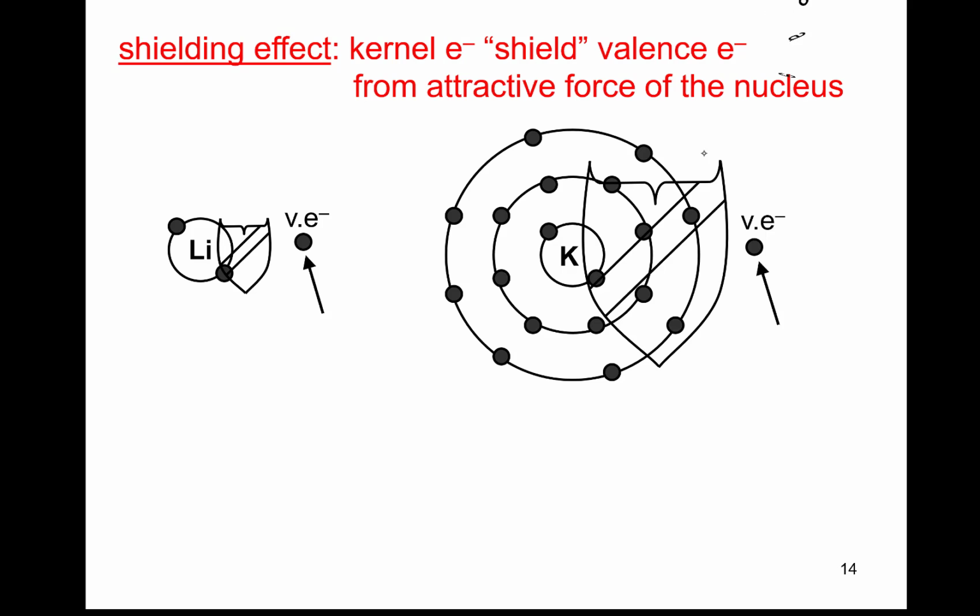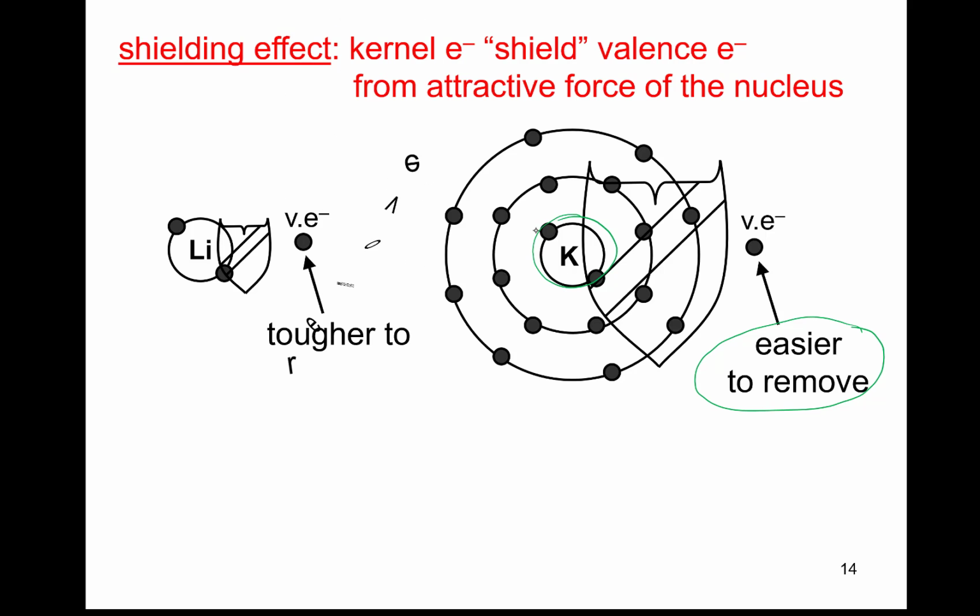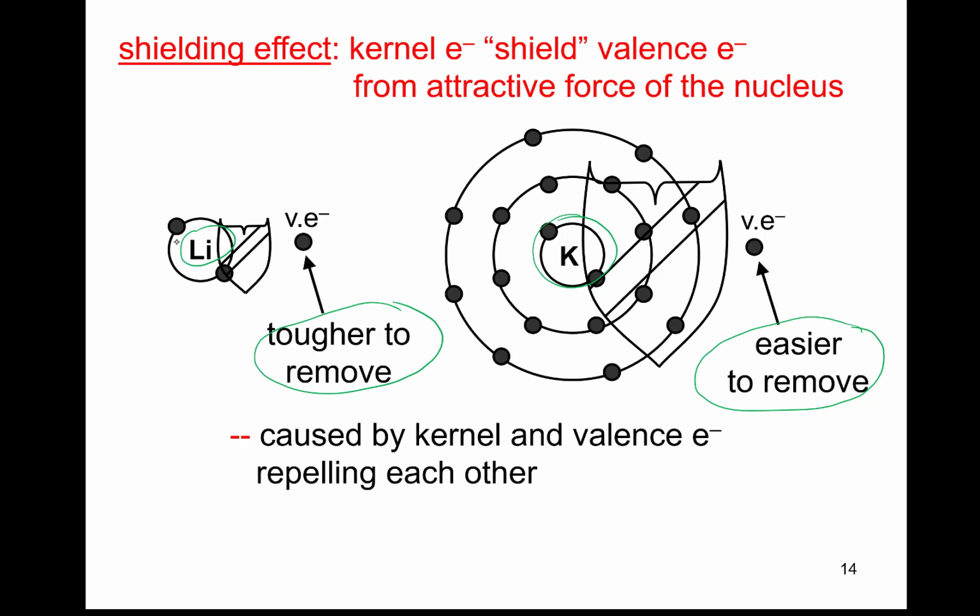So those are our valence electrons. It's going to be easier to remove a valence electron from potassium than it will be from lithium. And the reason is because those core electrons, the kernel electrons, repel the valence electrons.